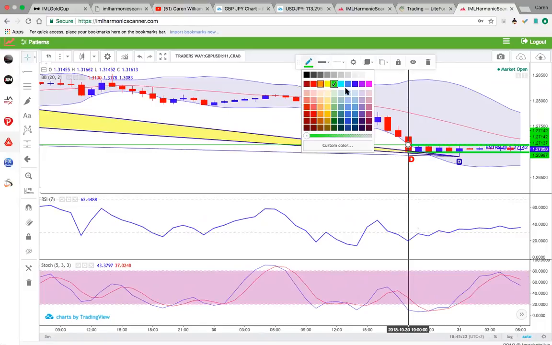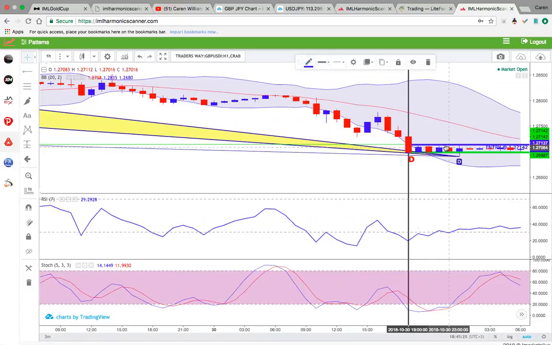We would have caught our 10 pips, as much as the market, as you can see, is trading sideways in between these points. You would have caught your 10 pips, secured the bag and come out of this trade. So this is just an example, as you can see.